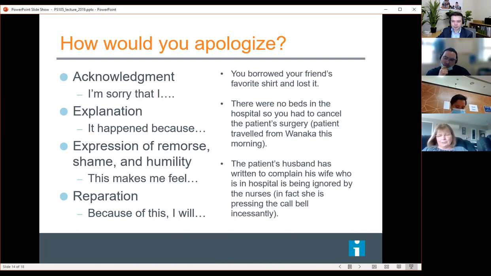Because, yes, if someone's being impatient and belligerent, then that's an entirely different conversation. Usually this is a good reminder that all behavior is not random, and that all behavior has a reason. So if somebody is pressing a call bell incessantly, there is something driving that.